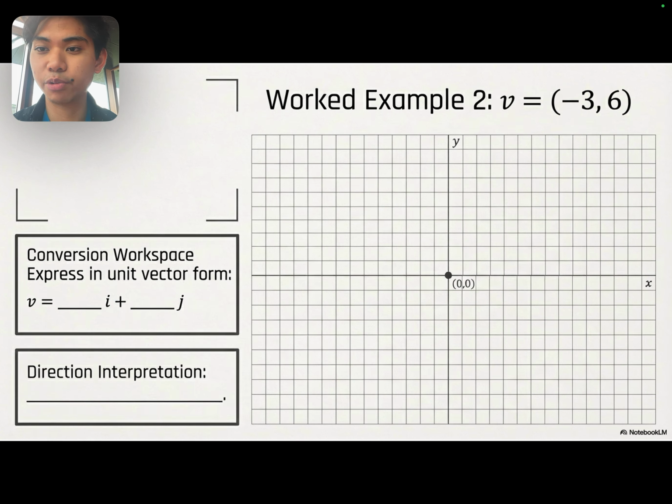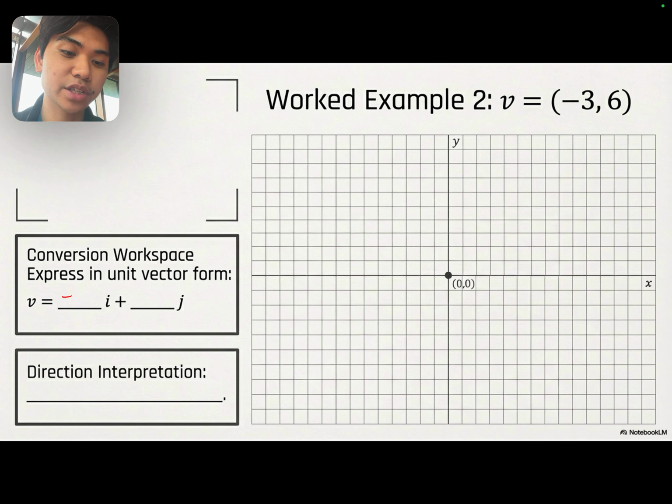So here we have v equals negative 3 comma 6. Again, that's going to be negative 3i plus 6j. Very simple. Now the direction interpretation: since I have a negative 3 in my i component, I'm going to be moving in the negative x direction, which is left.